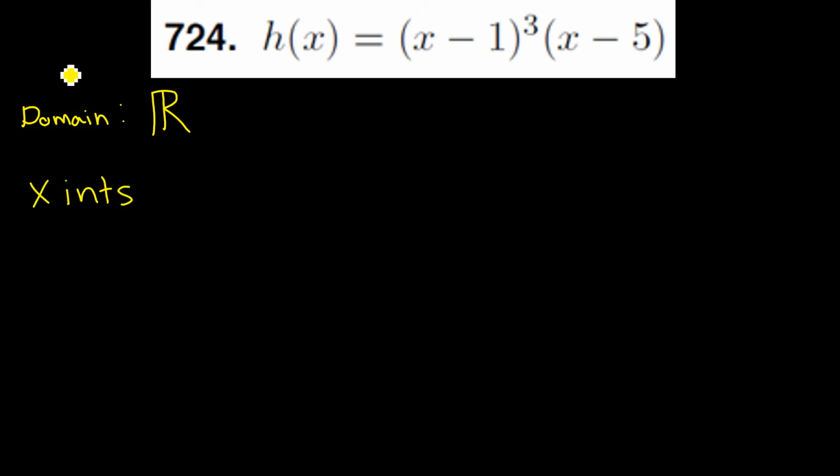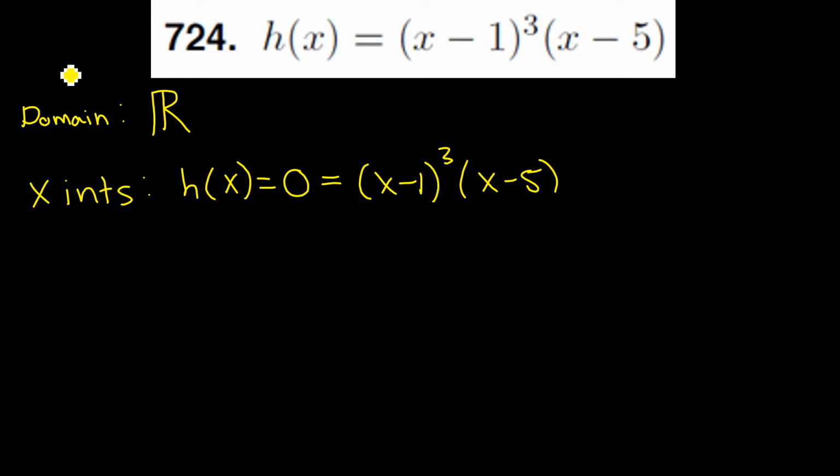Our x-intercepts occur when h of x equals 0. We have our equation, x minus 1 cubed times x minus 5. We're quite lucky because we already have this factored.